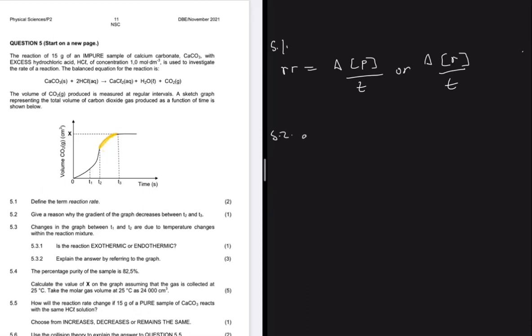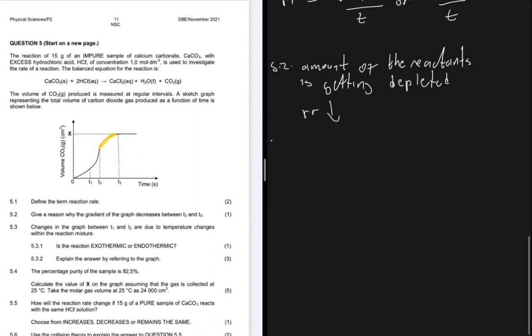So the amount of the reactants is getting depleted, and as a consequence the reaction rate is going down.